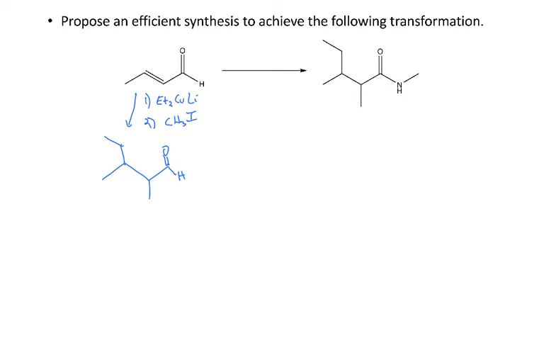All right, so now my task is to convert my aldehyde into an amide. So we want to get this into a carboxylic acid first. So sodium dichromate can do the job.